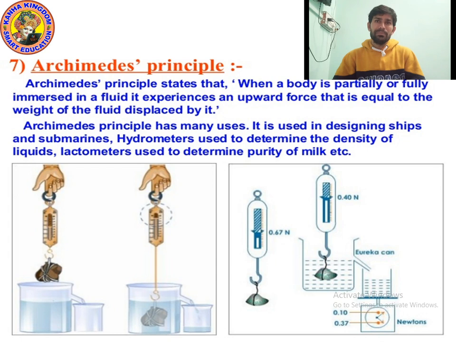They are actually dependent upon Archimedes principle; they are based on it. It helps to determine how much water is present in the milk, how much liquid is present. So we can determine this using this principle.